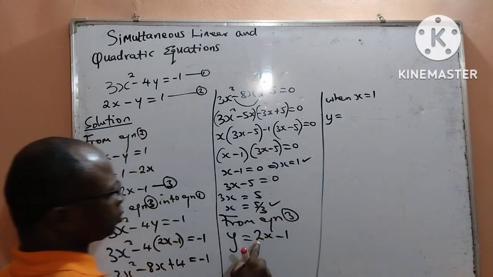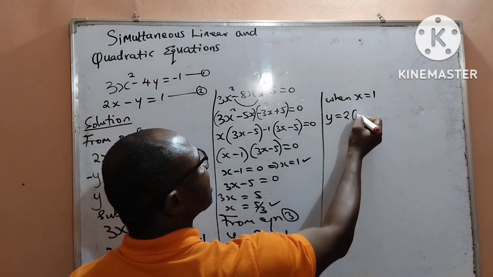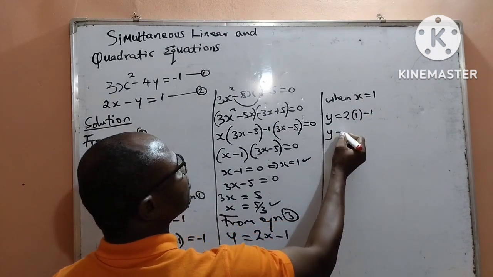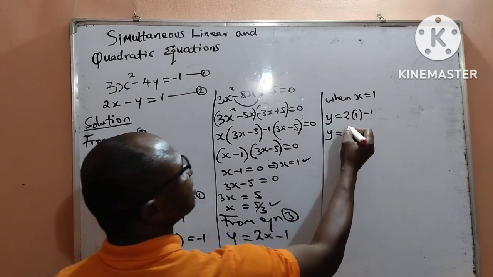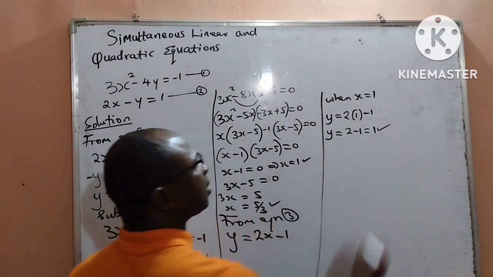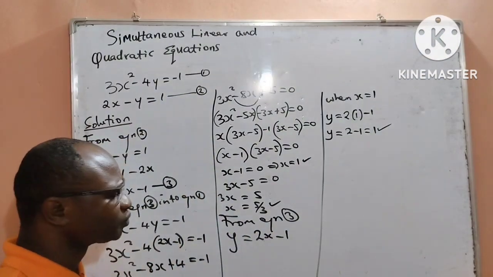Therefore, y will now be equal to 2 times x, which is 1, then minus 1. And that means that y is 2 times 1 is 2 minus 1, which is equal to 1. The first value of y has come out.